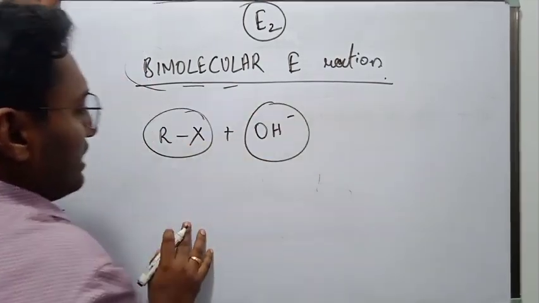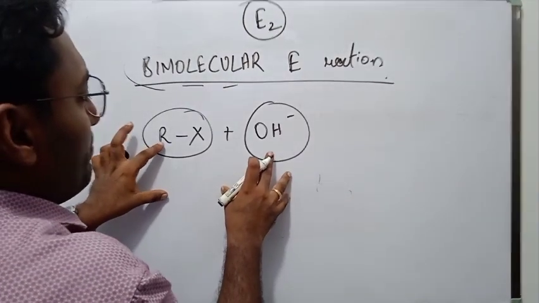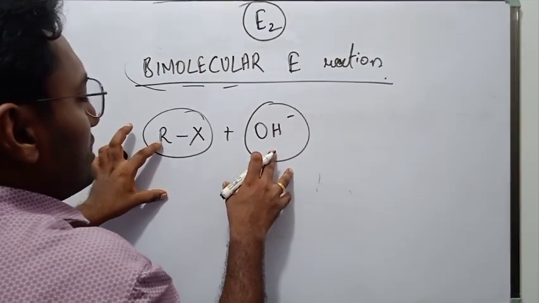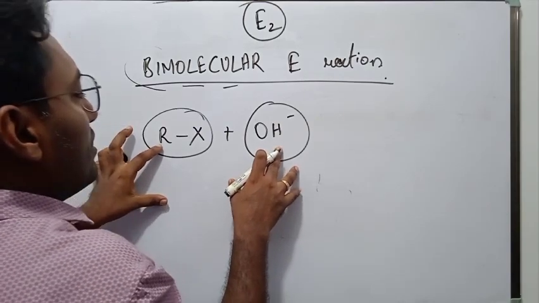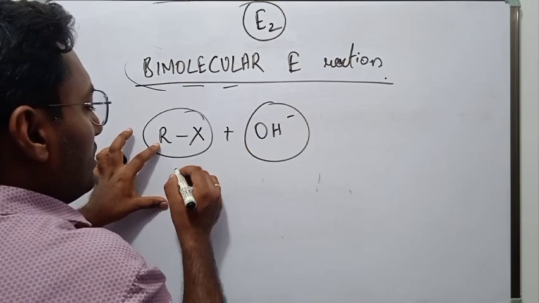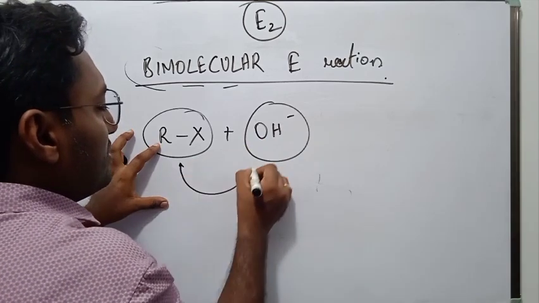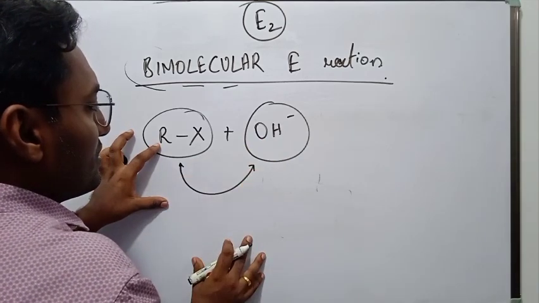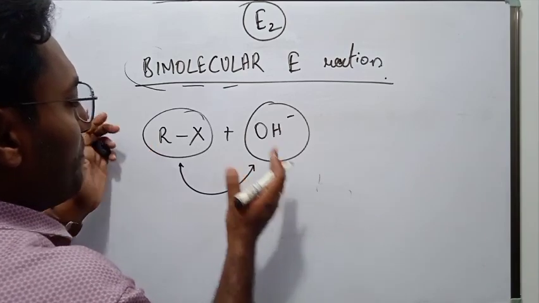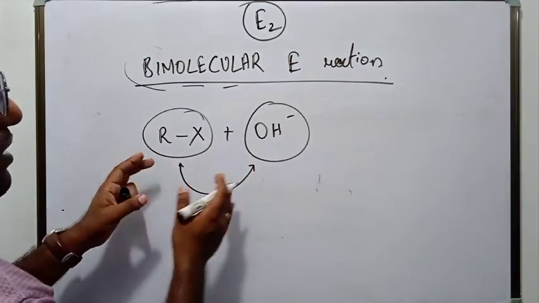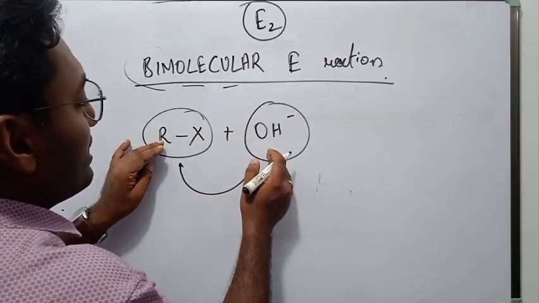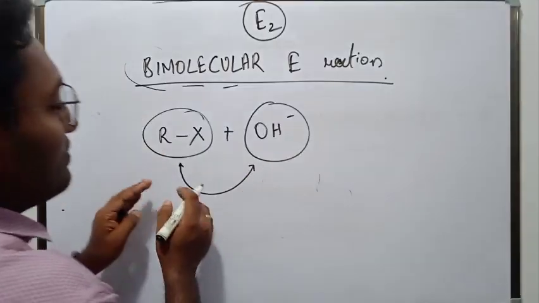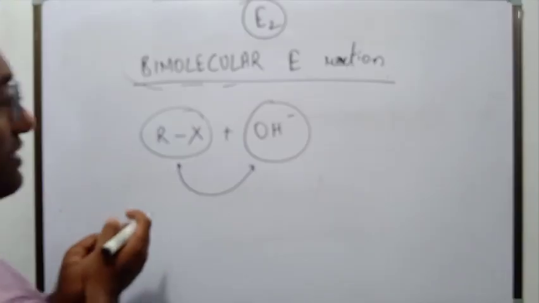Now when I say that the reaction is dependent on two molecules, what does it mean? What would be the probable mechanism? The probable mechanism would be an encounter between these two molecules. That is, there is a collision between the two molecules.